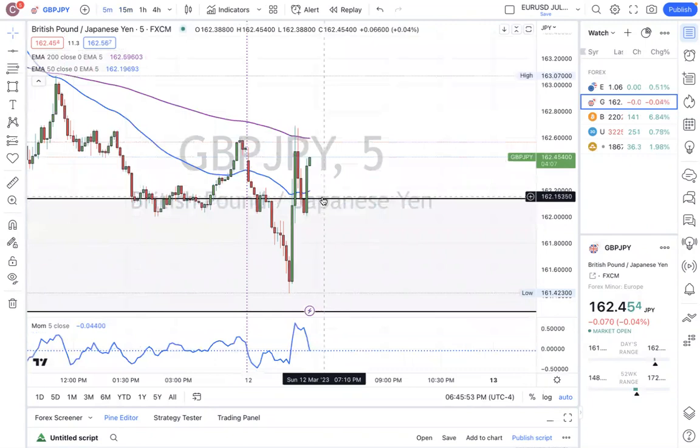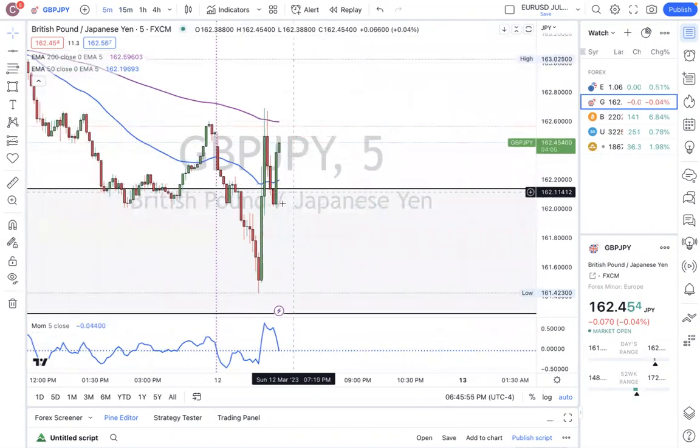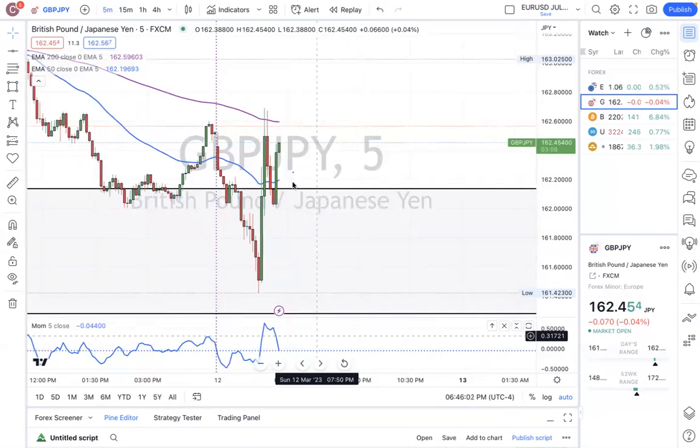And even on the 5 minute, look at that. That's even better. If you have entries like this, where this is our 4 hour support zone and the market tapped into our 4 hour support zone, it's definitely gonna buy. That's perfectly fine to take on the 5 minute.